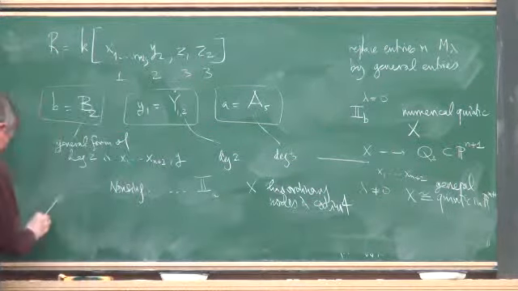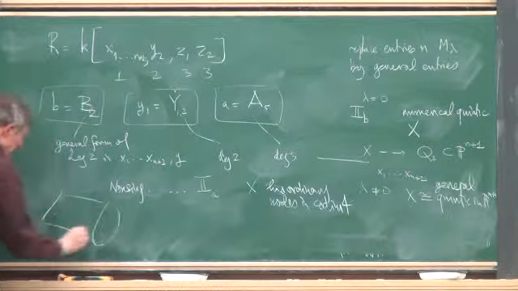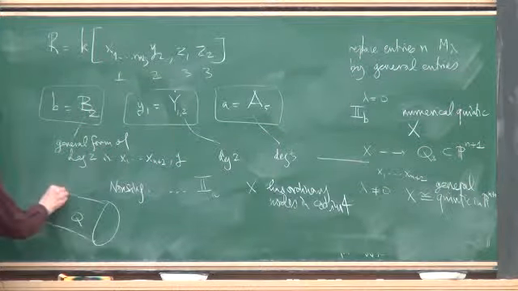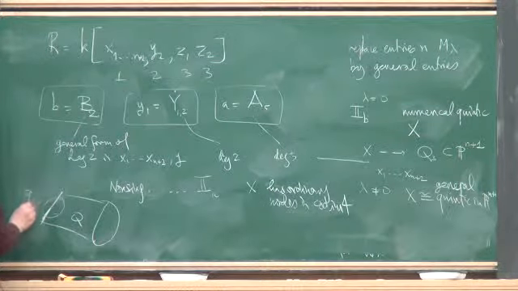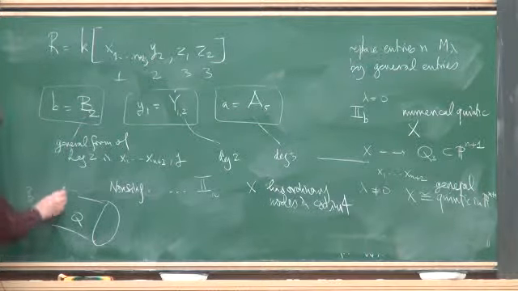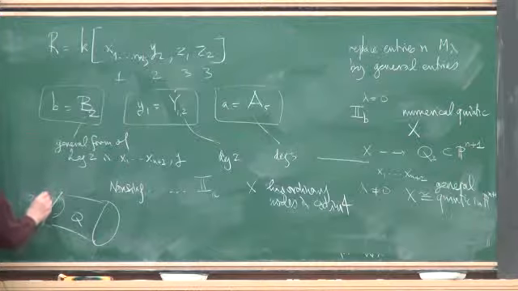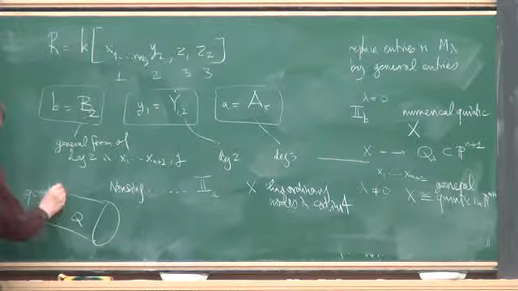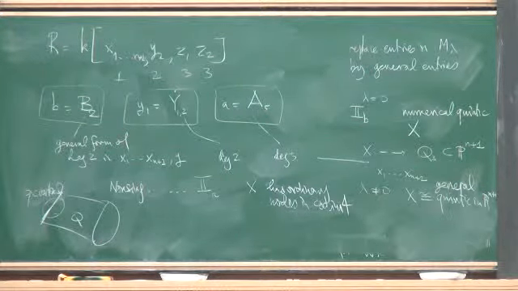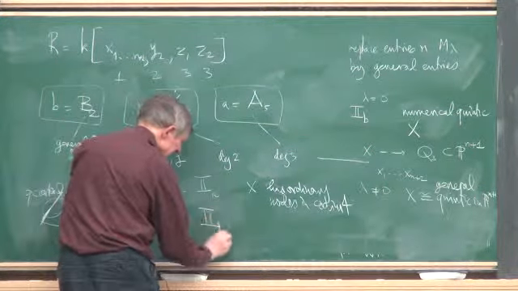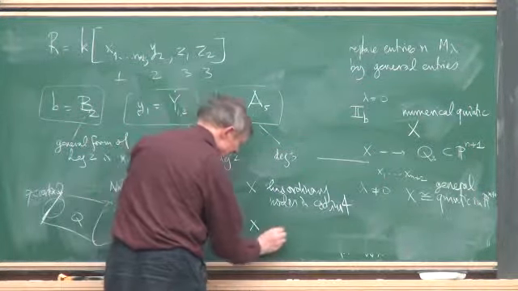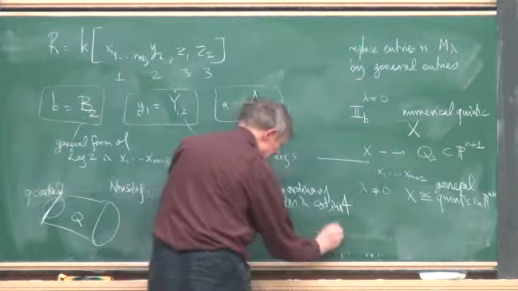So the nodes are happening over, I've got this Q here, and I get a quadric in the vertex of the cone. Yeah, and then in the case 2b, X has ordinary nodes in codimension 3.